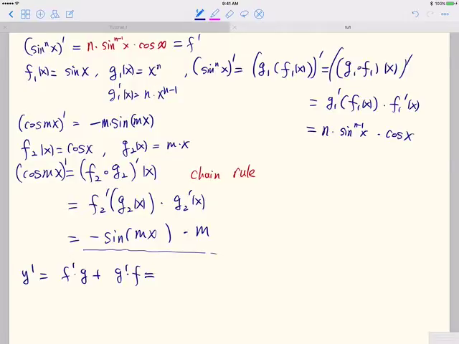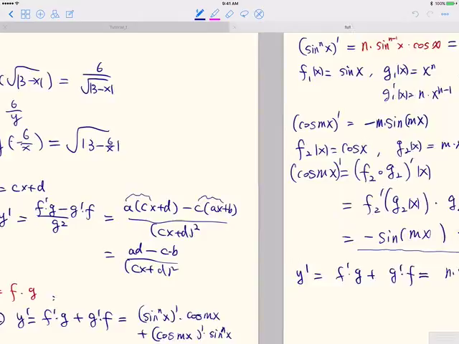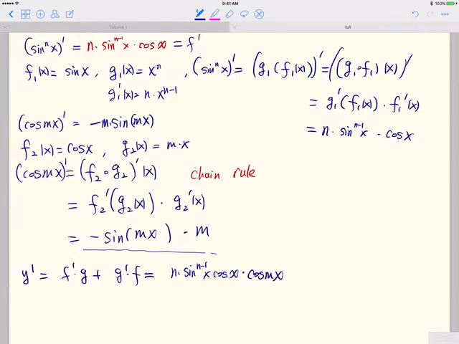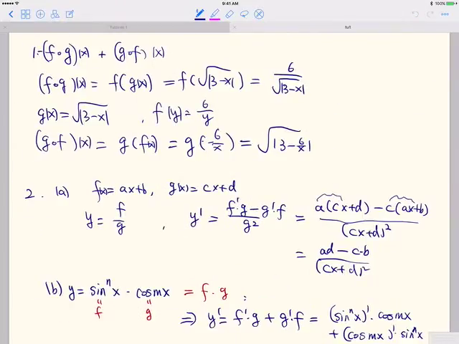So this is just equal to m times sine, times g, which is cosine mx, minus g prime, which is here, times m, and times f, which is sine to the power of nx. Now it's correct.